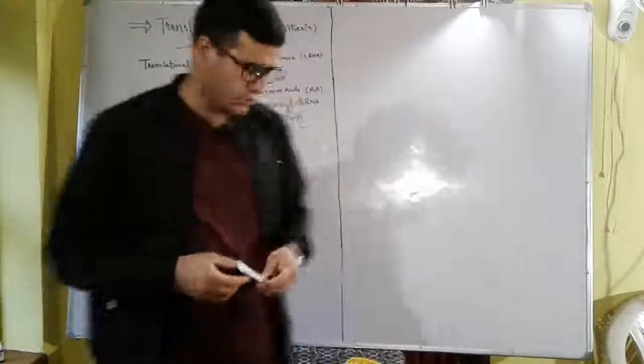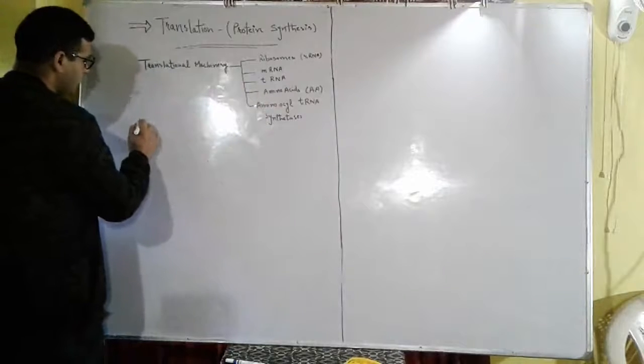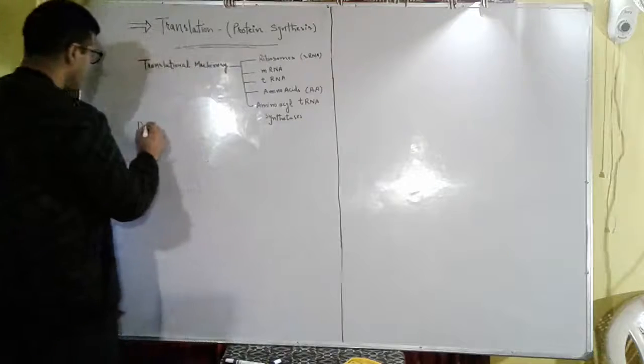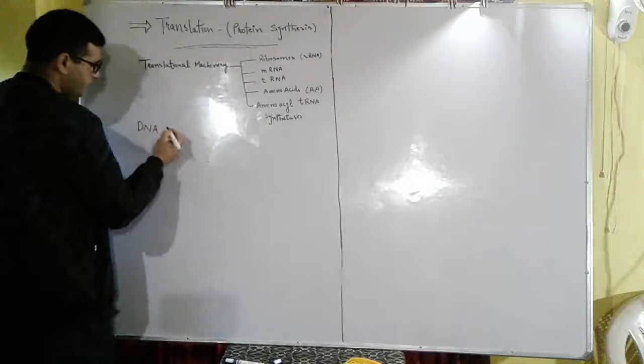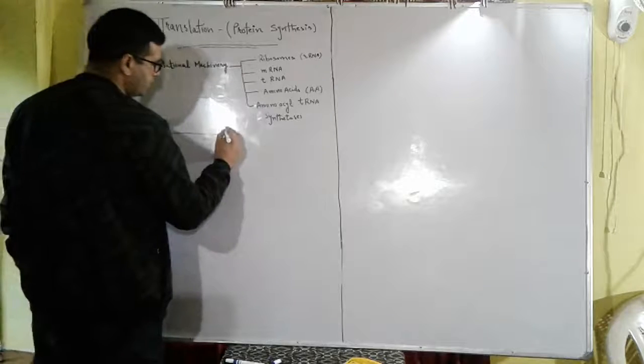As we know, this is how genetic information flows in an organism. We have DNA. This DNA forms RNA.